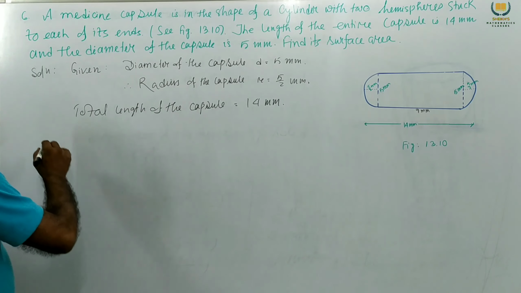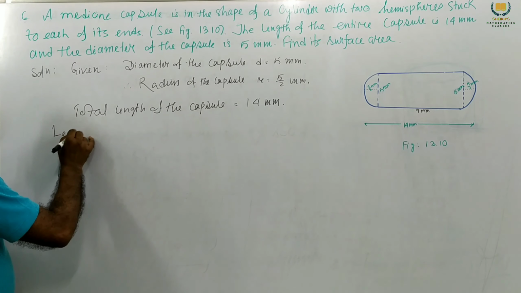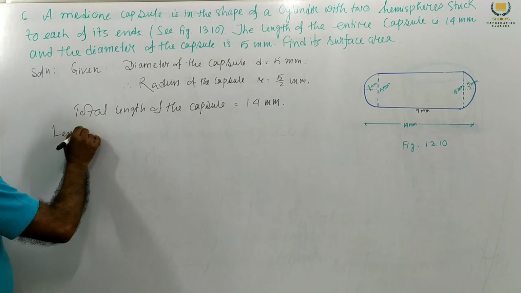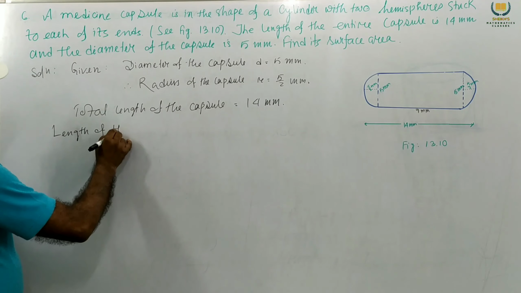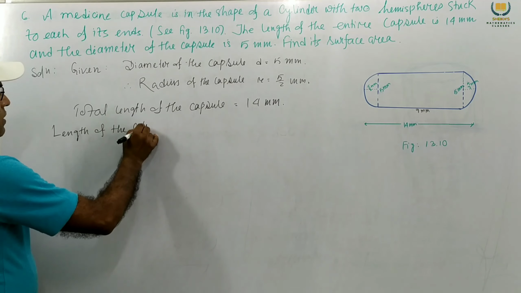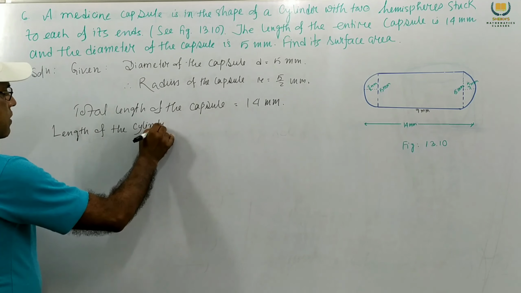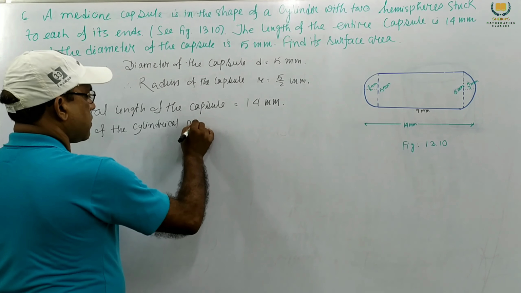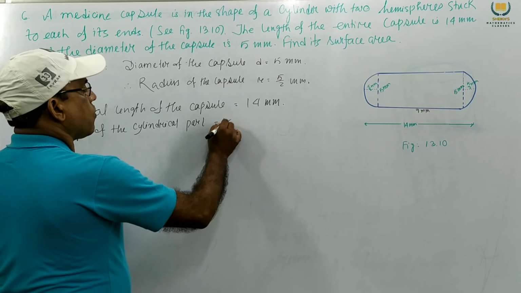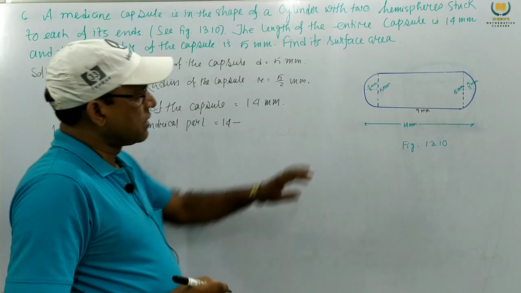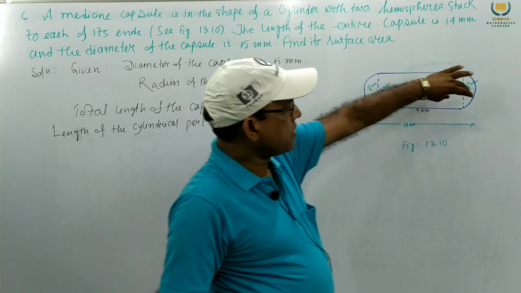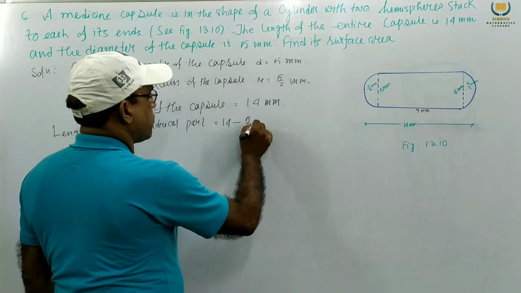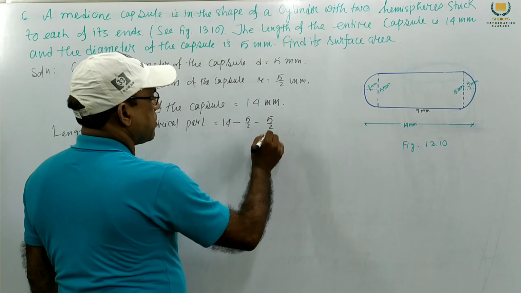So length of the cylindrical part equal to 14 minus this radius 5 by 2, this radius 5 by 2, 14 minus 5 by 2 minus 5 by 2.